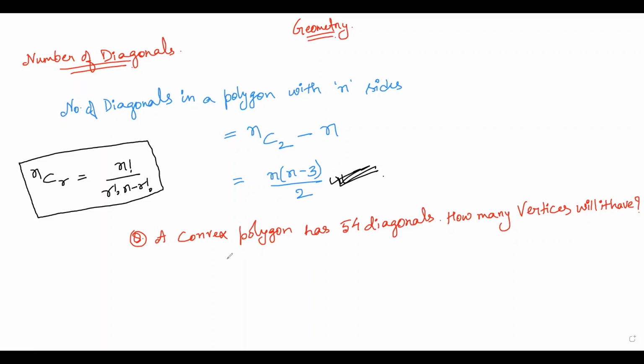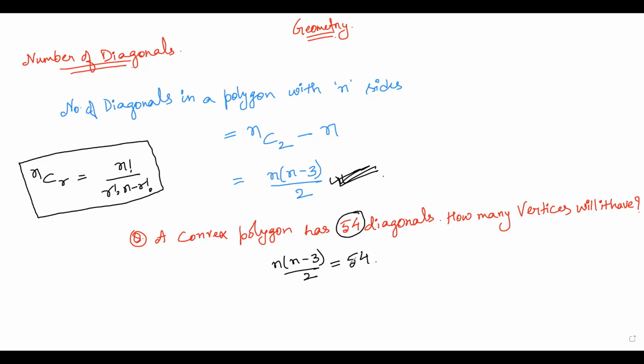Now say we have been given this question that there is a convex polygon which has 54 diagonals, and we need to find the number of vertices or sides that this convex polygon has. Well, to find the number of vertices or sides, we can directly use this formula, which would be n into n minus 3 upon 2. And since this gives us the total number of diagonals, this can be equated to 54.